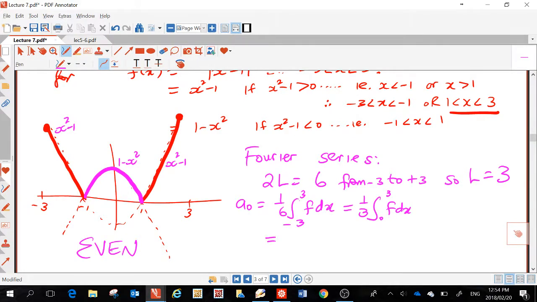And when you actually calculate this, it's 1/3 of the integral from 0 to 1, that part will be 1 minus x squared dx, and then from 1 to 3, that part is x squared minus 1 dx. From 0 to 1, this portion here is 1 minus x squared. From 1 up to 3, it's x squared minus 1.